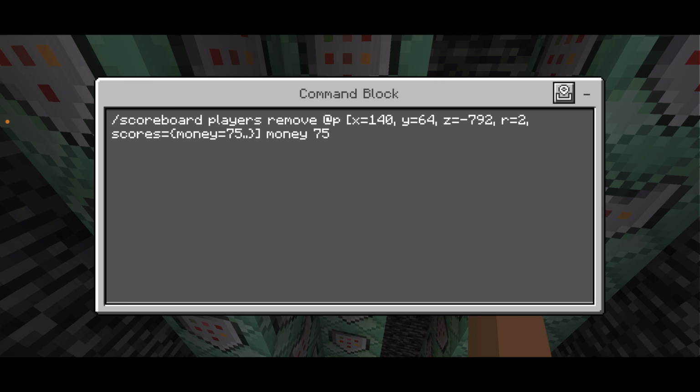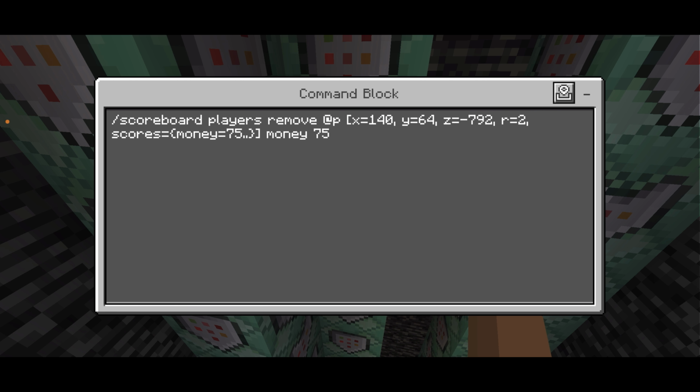scoreboard players remove, at that person standing there who has the money, that amount of money.